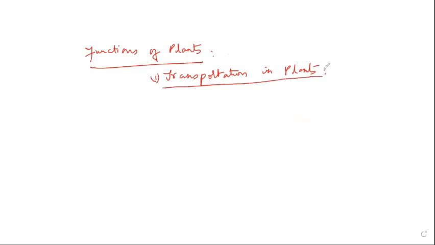Plants have a distinct vascular system, that is, everybody knows it is xylem and phloem, which helps in transporting nutrients and water from roots to all the parts of the plant through translocation.